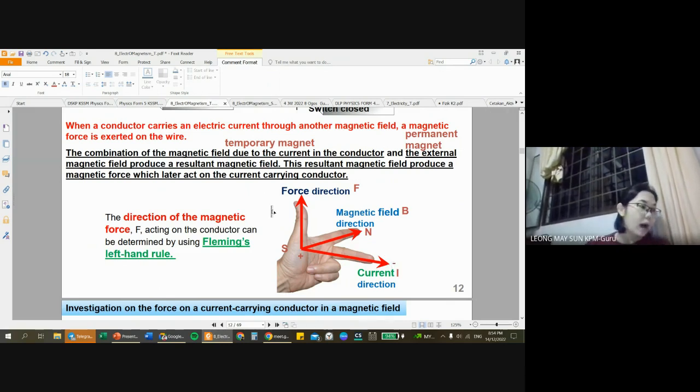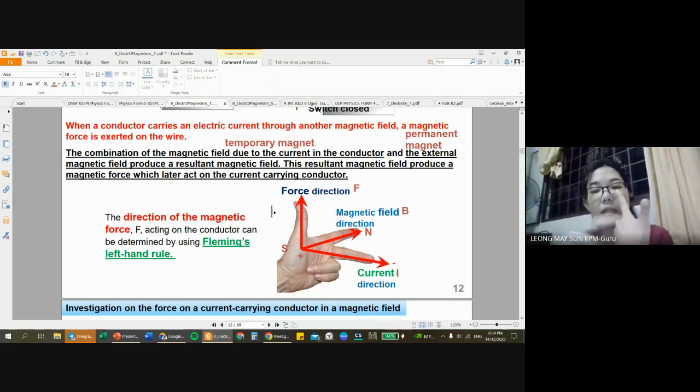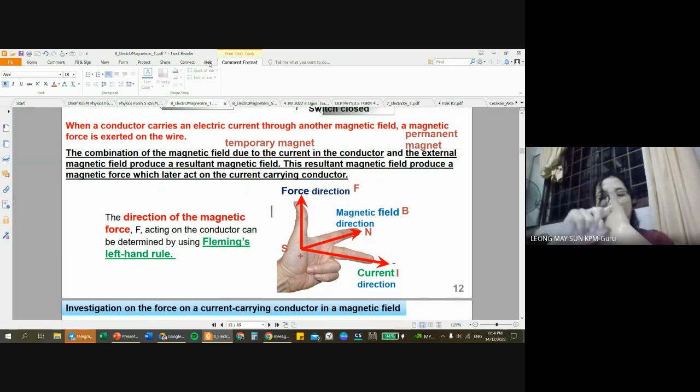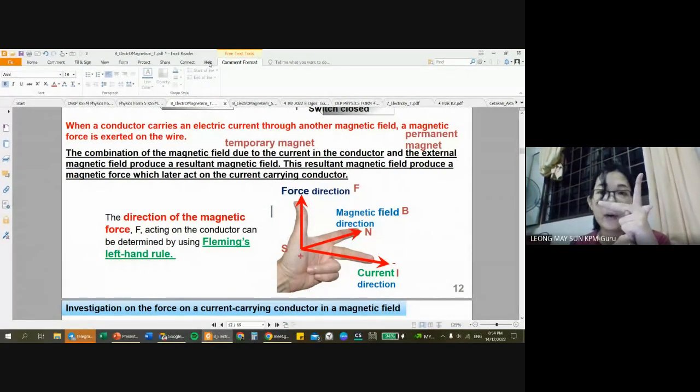Again, please look at the screen at my thumb. I determine it using FBI, whereby F represents the force, pointing in the direction of the force, B represents the magnetic field, pointing from north to south, and my middle finger points towards the negative terminal, the direction of the current flow, because current goes from positive to negative.